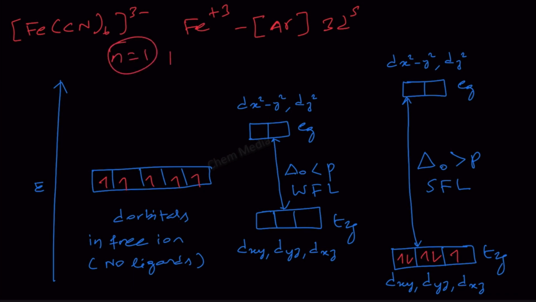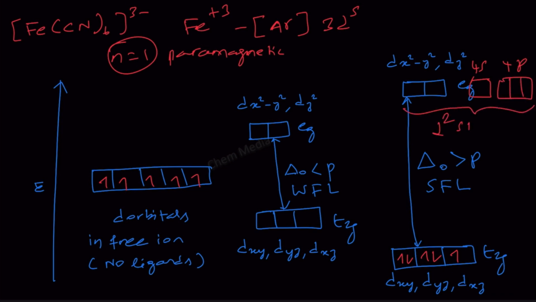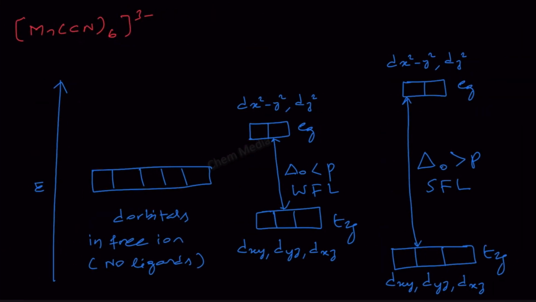Therefore, it is paramagnetic, and therefore 2 of the 3d orbitals are available for hybridization. So 4s, and then we will have 4p. So this means the hybridization in this case is d2sp3. Therefore, we should count this complex. How about the next one?